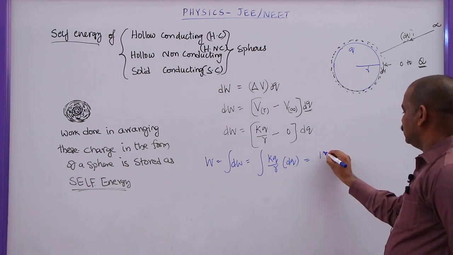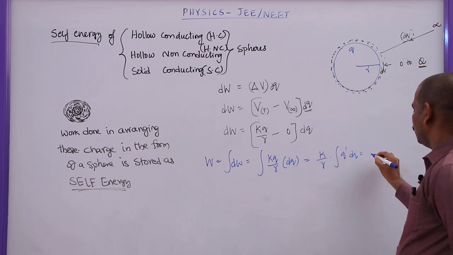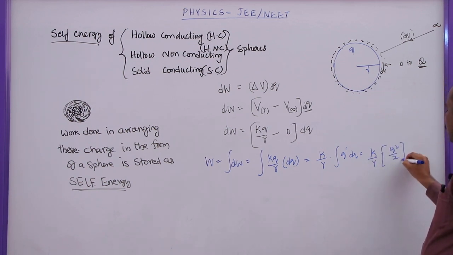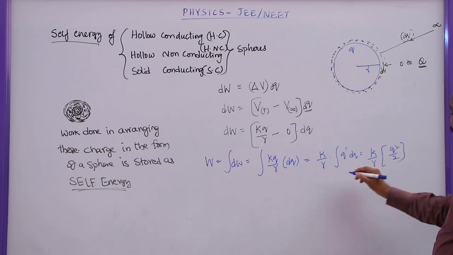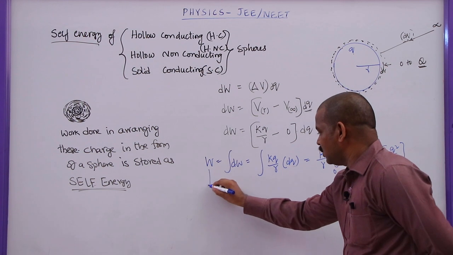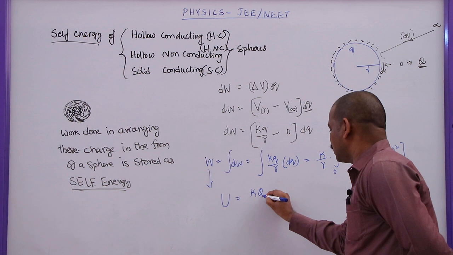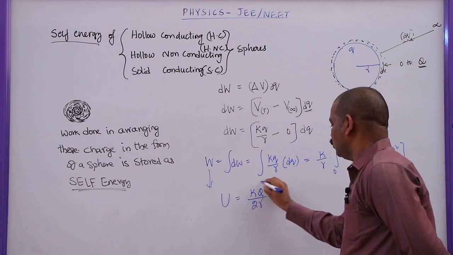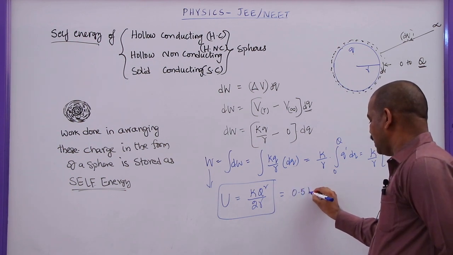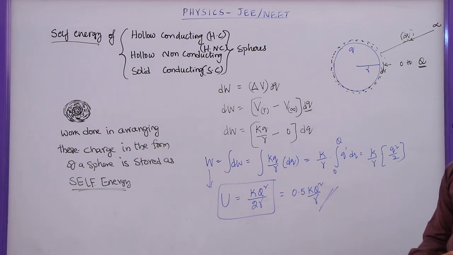Bring the constants outside: k by r times the integral of q to the power 1 dq, which is k by r times q square by 2, with limits 0 to capital Q. Now the total work done will be stored as energy, which is given by k Q square by 2r. You can write this as 1 by 2, that is 0.5 k Q square by r. So this is the self energy.